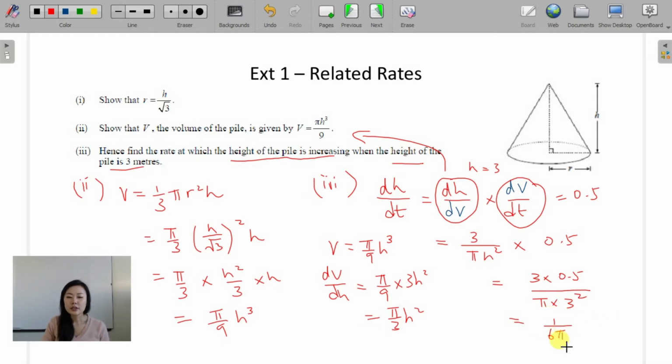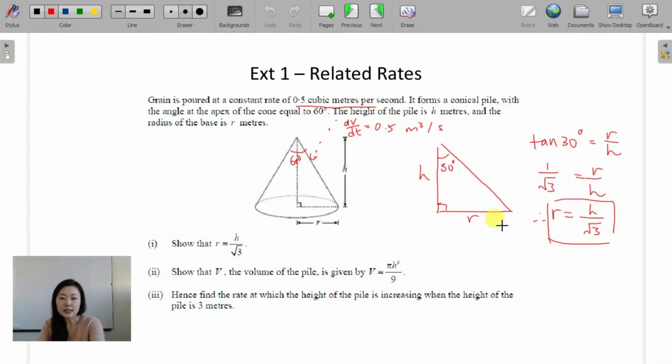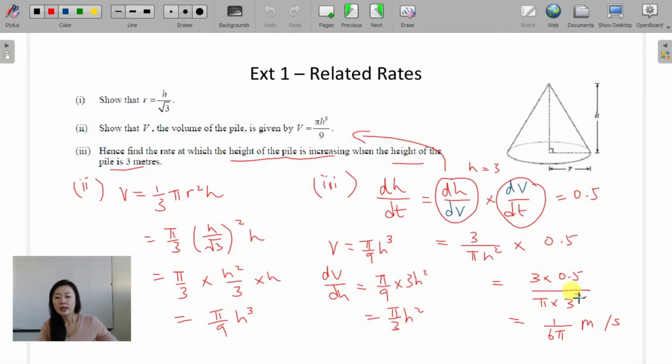That's it. So you can leave it exact like what I've done here, meters per second, I assume. Let me see. Yeah, per second. Okay, or you can also shove it into the calculator and just round it off, which is about 0.053 meters per second.